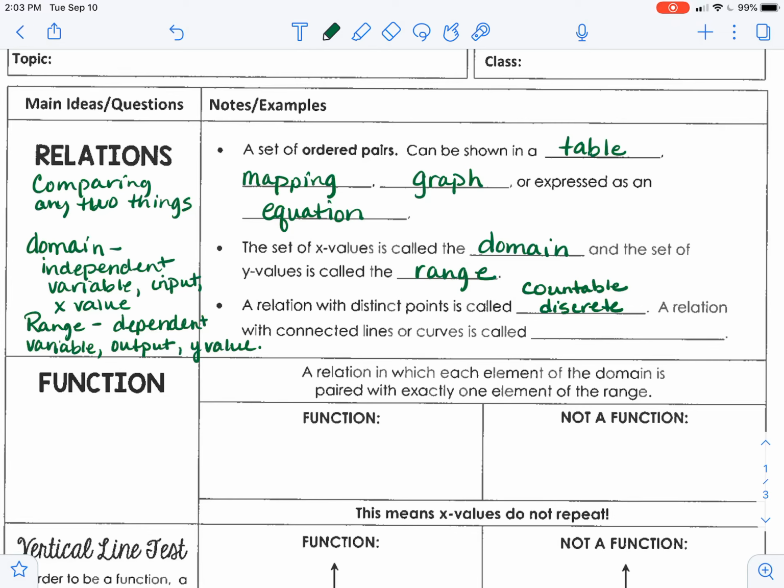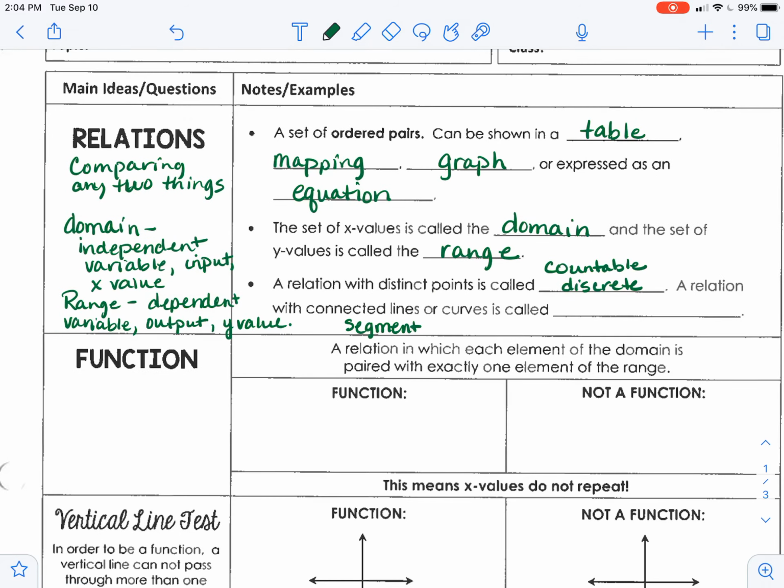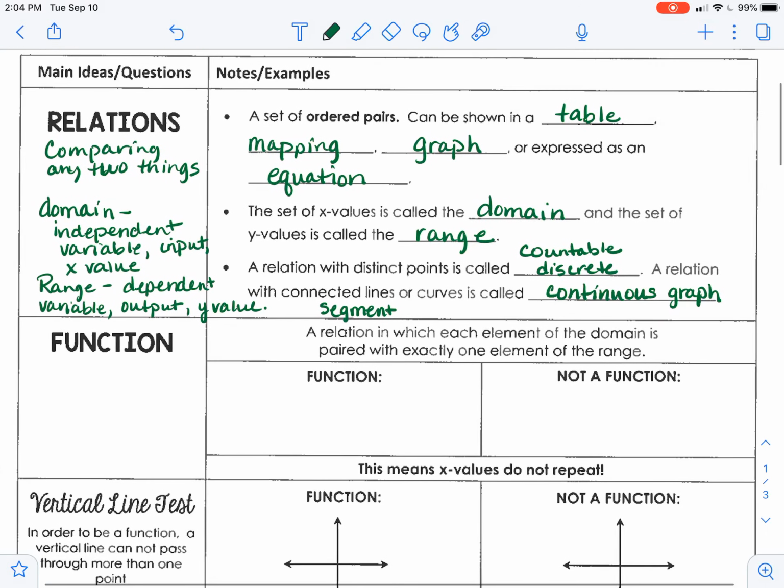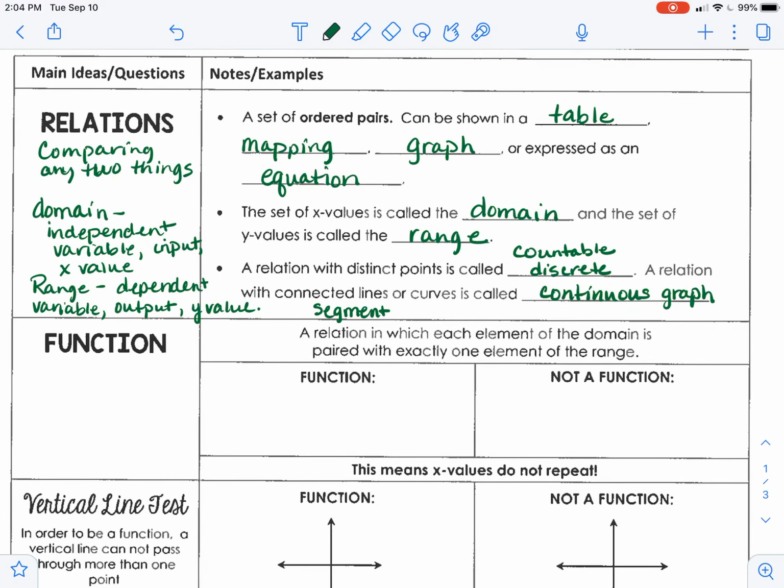Then if the dots are connected, and that makes a line or a curve, and I should put in here also it could make a line segment, then that is called a continuous graph. You're going to have to be able to recognize which ones are continuous and which ones are discrete. And that's going to help you then find that domain and range.